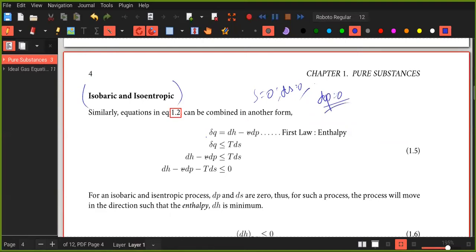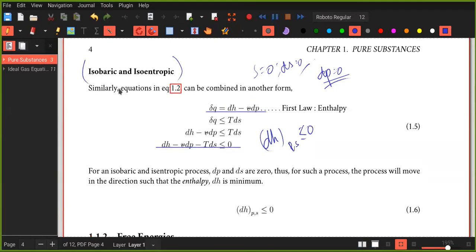So we'll apply this into this equation, and as dP and dS are 0, we get dH at constant P, S should be less than or equal to 0. So if the process is both isobaric and isentropic, the process would tend to go in the direction where it minimizes the enthalpy of the system.